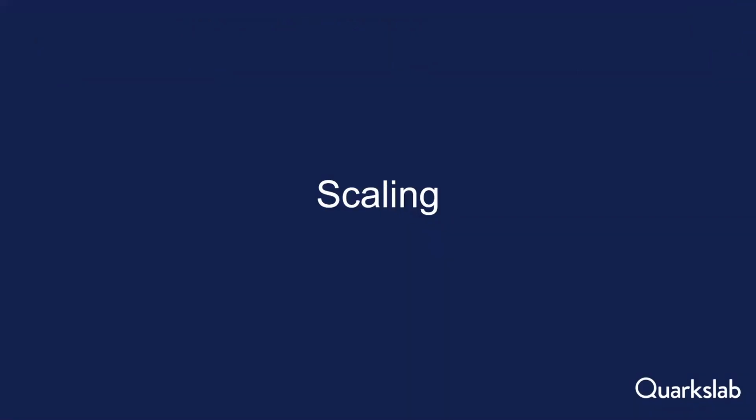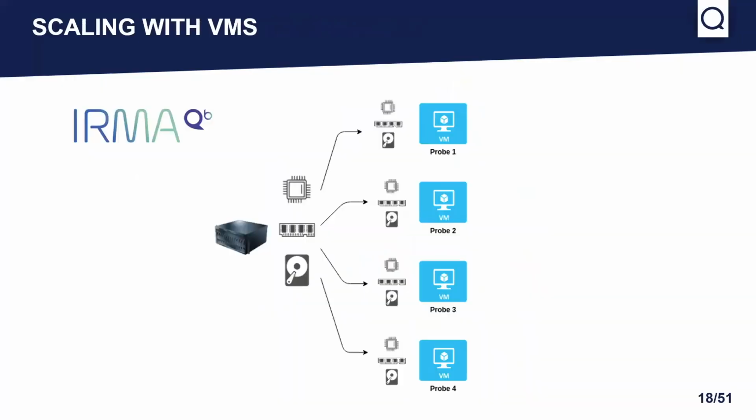Now let's introduce the scaling part, the benefits of moving to containers regarding the scaling. And let's start with the older version in Yerba. For this example, I will just focus on probes, but keep in mind that on these servers, you will also have an API, a database, and so on. It's just for keeping it simple. So let's say you have 4 probes, so 4 tools that analyze files that are installed on virtual machines.